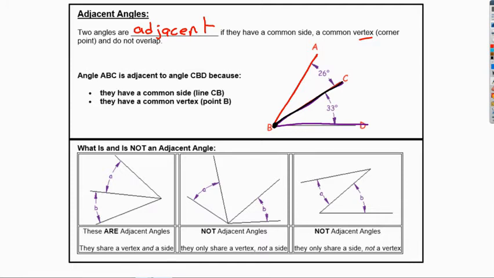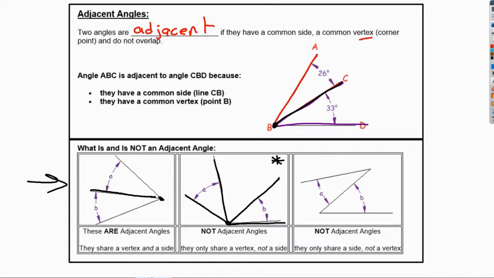So let's look at some other examples down here of what is not an adjacent angle and what is. Right here we have two angles, A and B. These are adjacent angles. You can see they're sharing a wall and they're sharing a point. An example of angles that are not adjacent is this picture right here. While they're sharing a common point, they're not sharing a wall together.